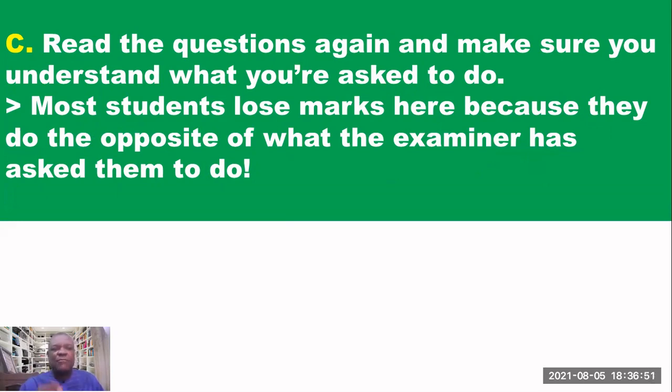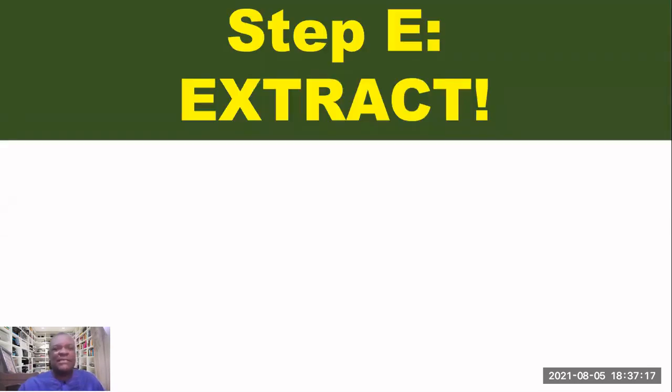You need to meticulously read the question and make sure you understand the very ideas that the examiner has asked you to summarize in the passage. Now, once you are armed with this full understanding, you know exactly what you have been asked to do, and you have understood exactly how you are going to do it, then you head back to the passage.